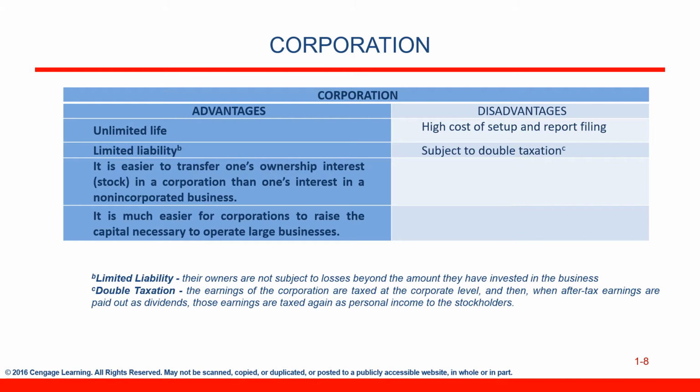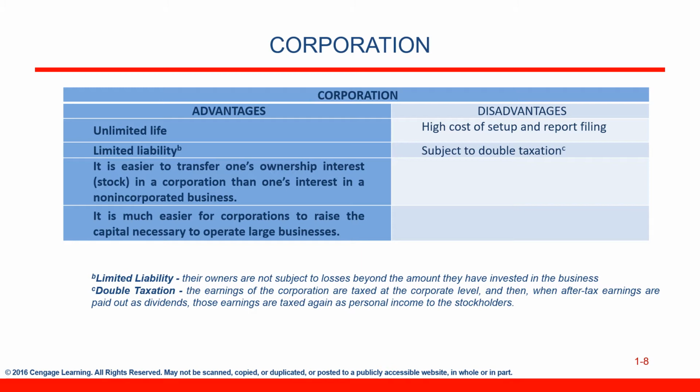Unlike for the partnership and the sole proprietorship, if the owner died or the partner died, the partnership and the sole proprietorship must be dissolved. So it's not easy for them to transfer it automatically to their heirs.